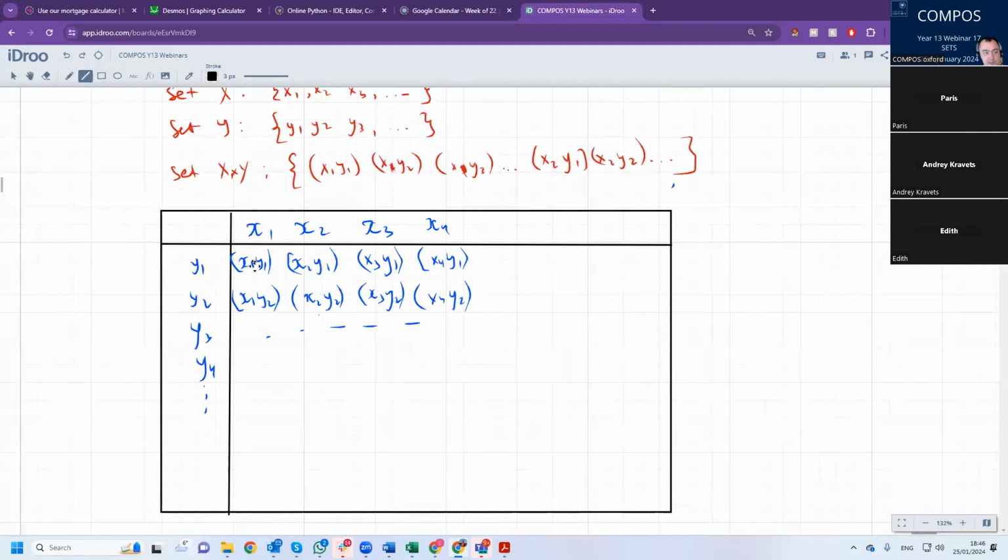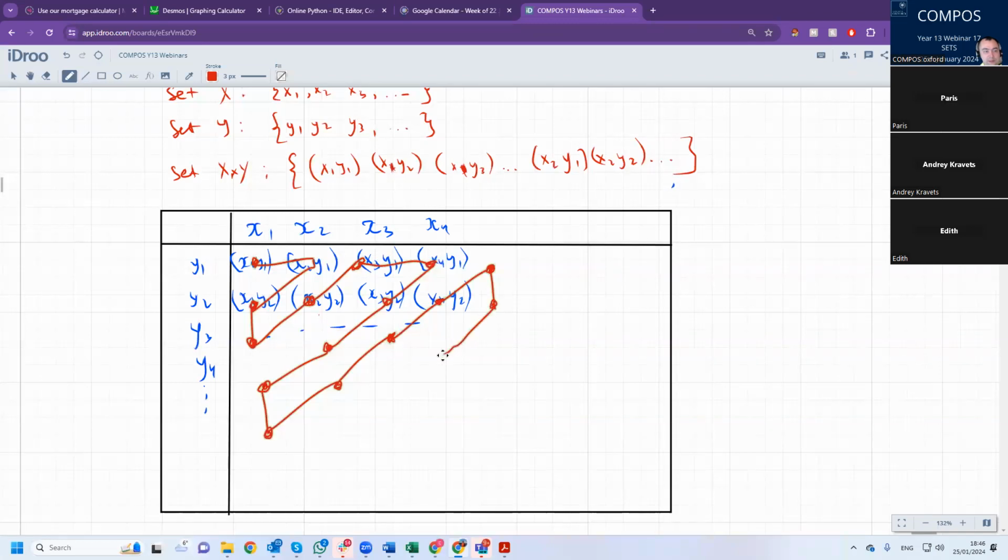You could start from here, go 1, 2, 3, 4, 5, and so on.